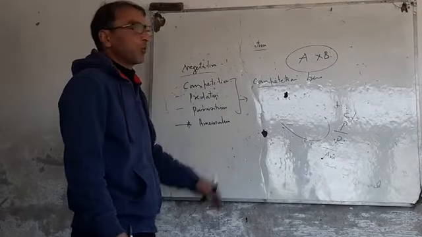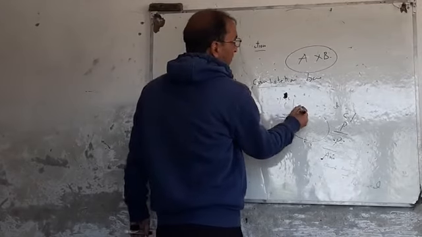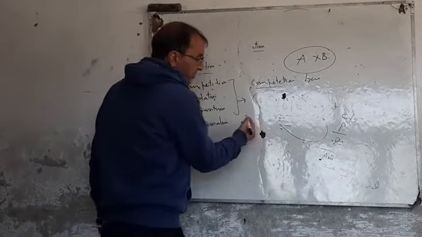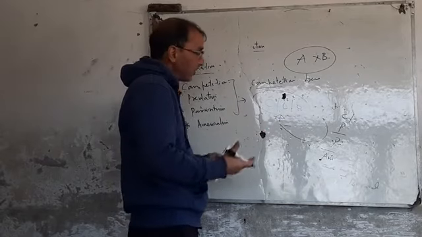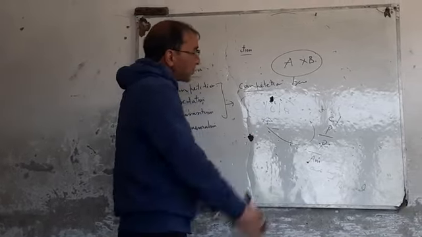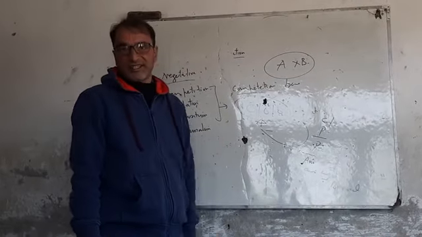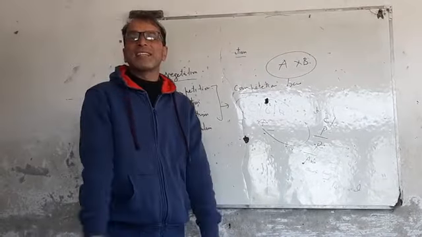Suppose the resource is food or water or minerals. This resource is limited. Two closely related species, plants or animals, compete for this resource which is limited. This is known as competition.